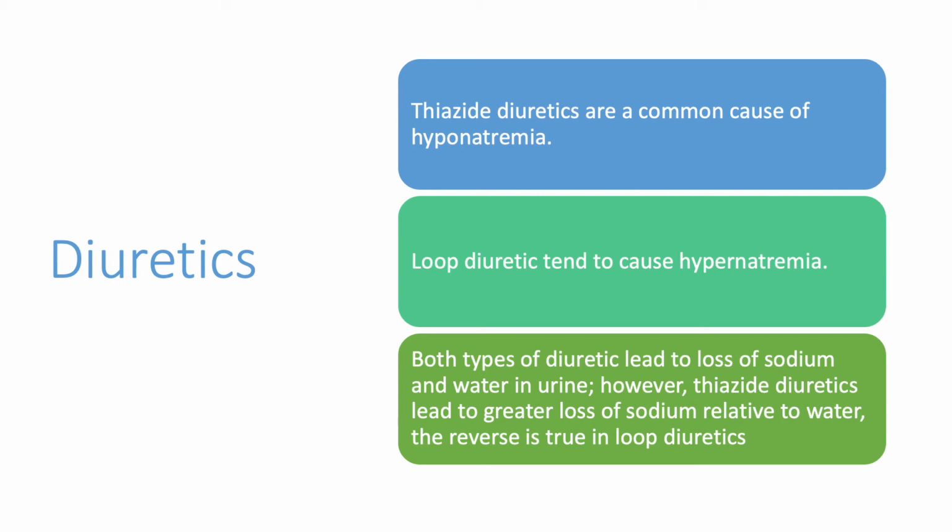Again, it's a matter of balance between the sodium and water. And I can say that also it depends on what you're replacing with. So if you get someone on a loop diuretic and you start giving them hypotonic fluids like D5W, well, they're going to become hyponatremic. So you have to think of what's coming in and what's going out.